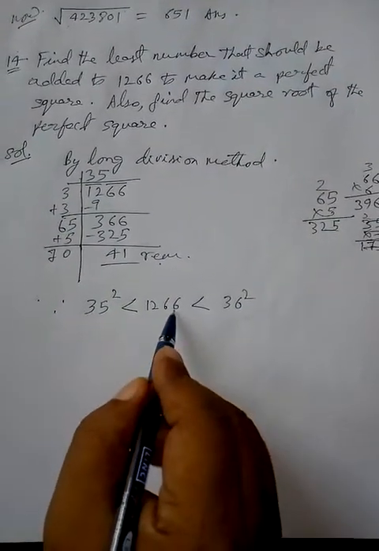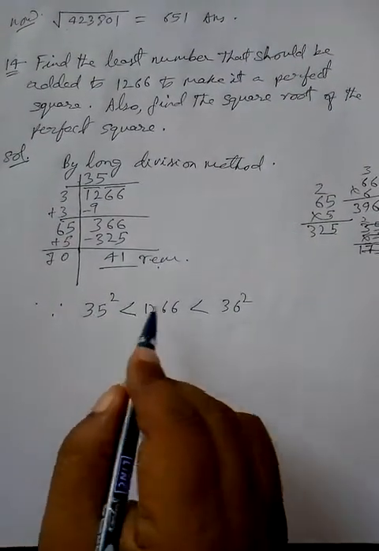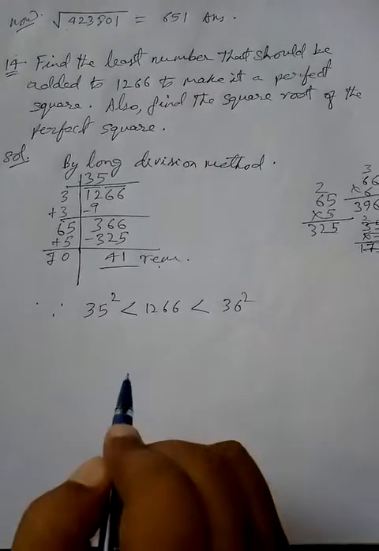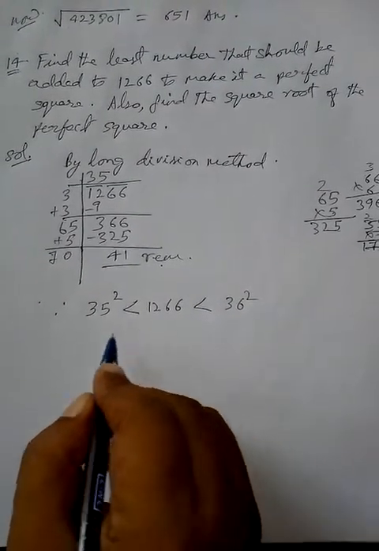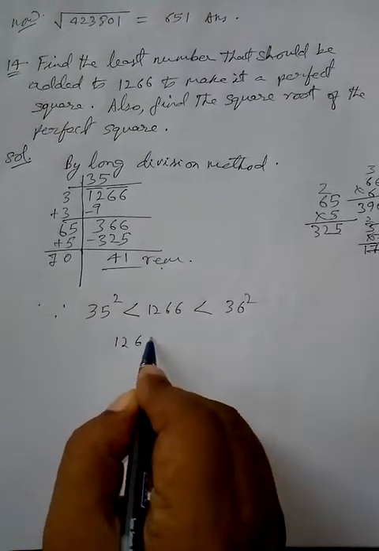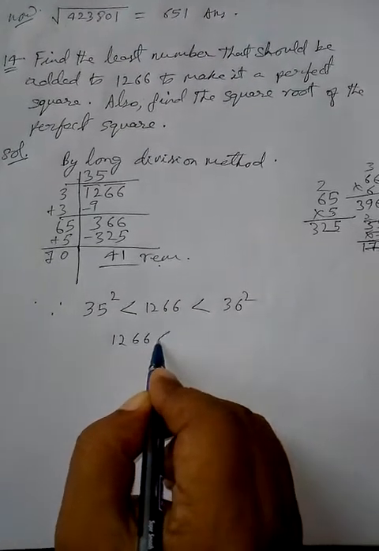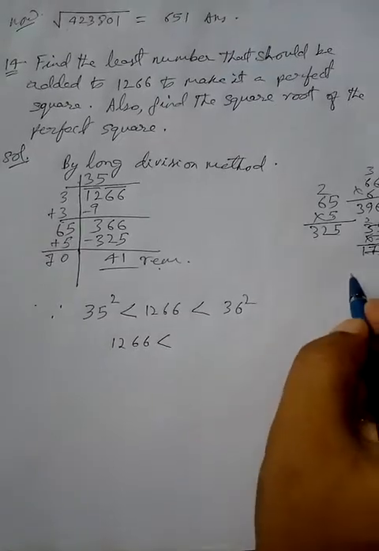So 1266 lies between 35 square and 36 square. That is, we can say that 1266 is less than 36 square.